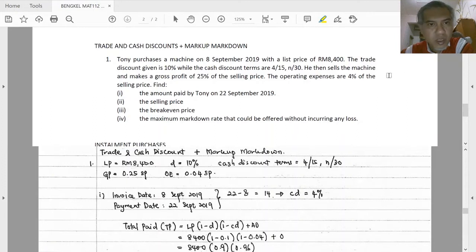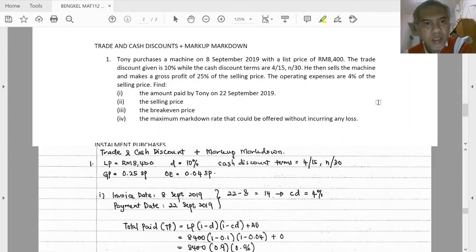Okay, without further ado, let's just go through the question itself. In this question, it stated that Tony purchased a machine on 8 September 2019 with a list price of 8,400. The trade discount given is 10%, while the cash discount terms are 4, 15, and 30.